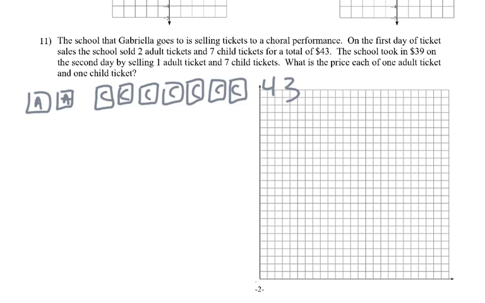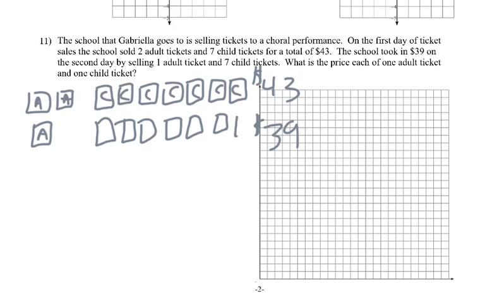Okay, then the school took in 39 on the second day by selling 1 adult ticket and 7 children tickets again. What is the price each of 1 adult ticket and 1 child ticket?